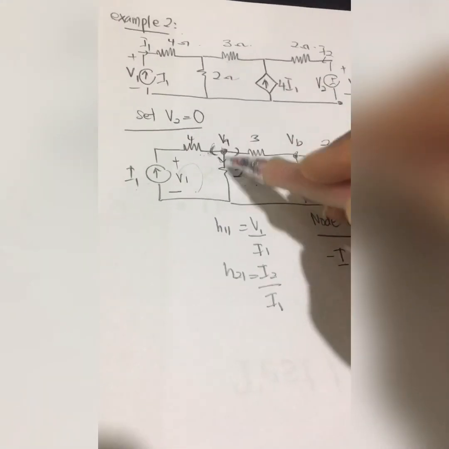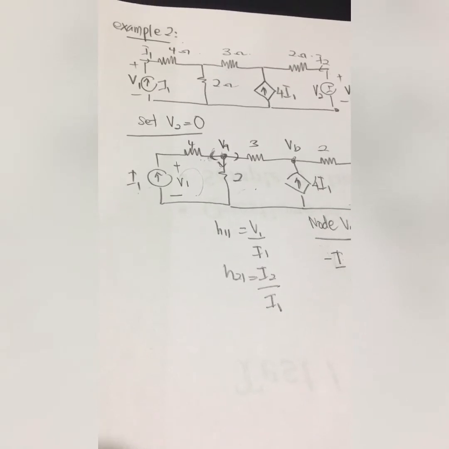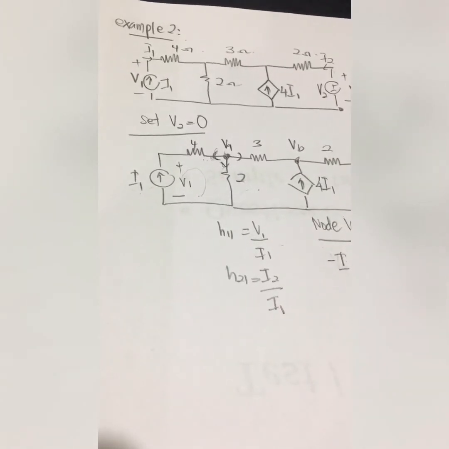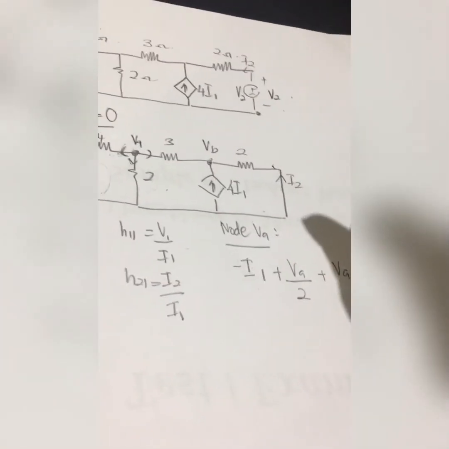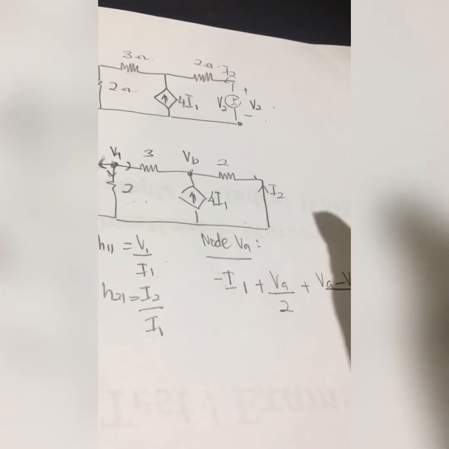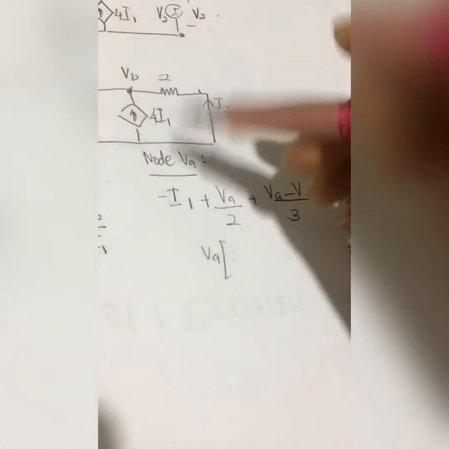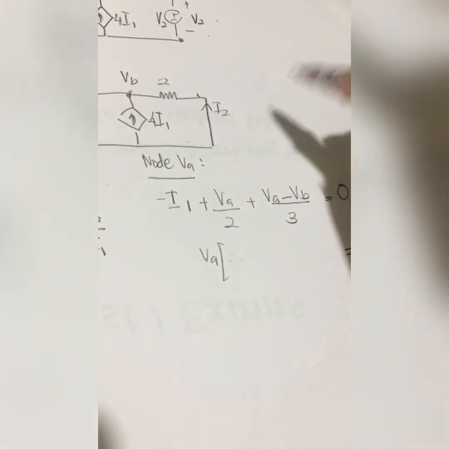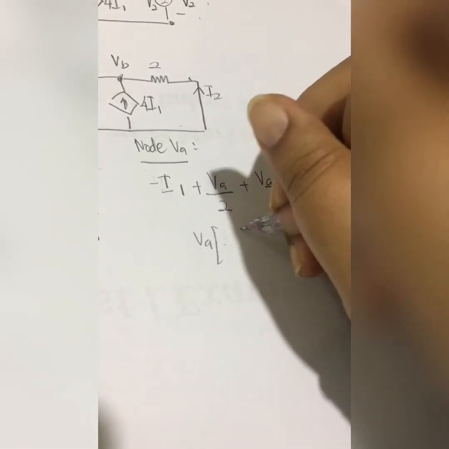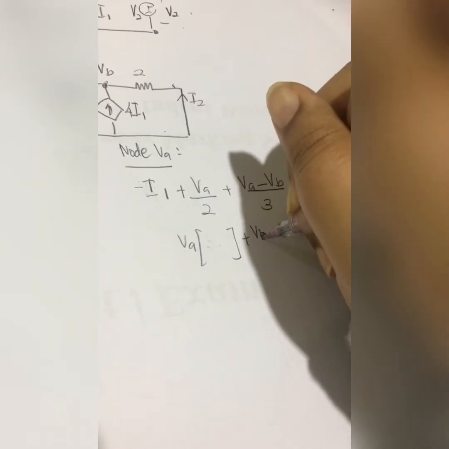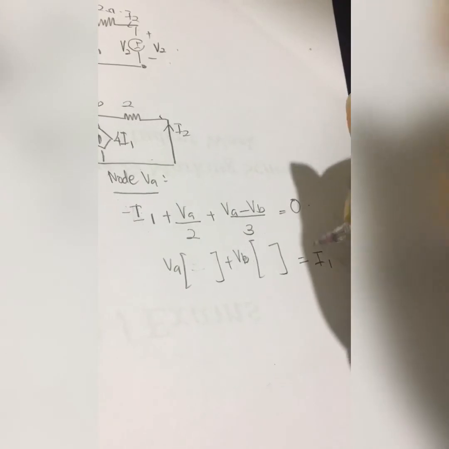Plus VA divided by 2 ohm, plus VA minus VB divided by 3 equal to 0. So we need to rearrange this equation, find the parameter for VA, and then for VB equal to a value.